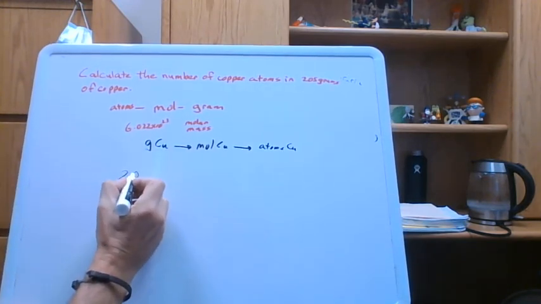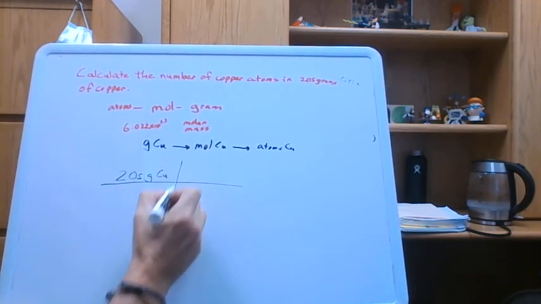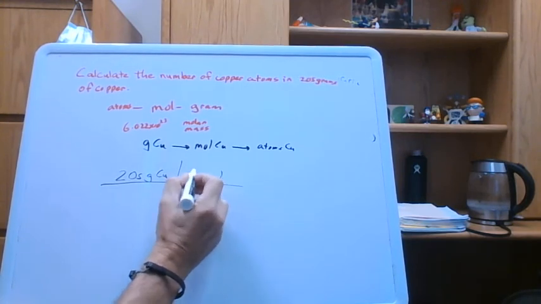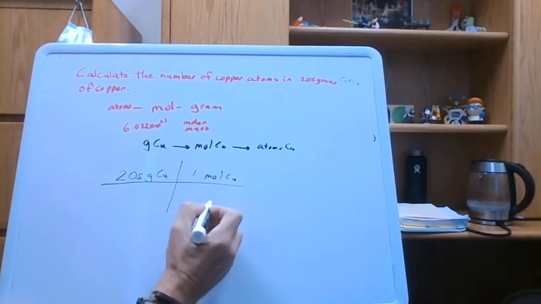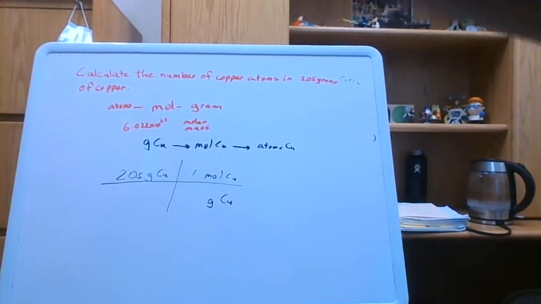So we're going to start with our 205 grams of copper, and we want to go to moles of copper, so we need to know how much 1 mole of copper weighs in grams. To do that, we would look at our periodic table and get that mass off our periodic table.